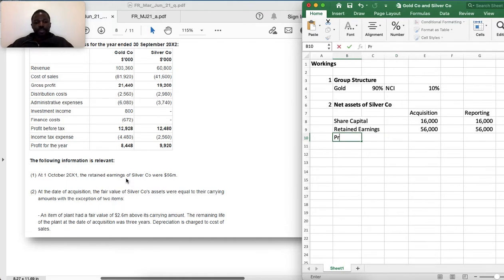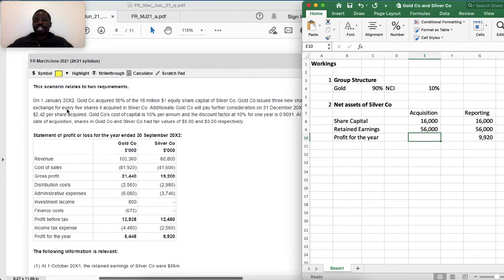Then we have got the profit for the year that we need to split between acquisition and the reporting. So at reporting, the profit for the year is 9,920. Then at acquisition, the date of acquisition is 1 January. But the year starts in October.